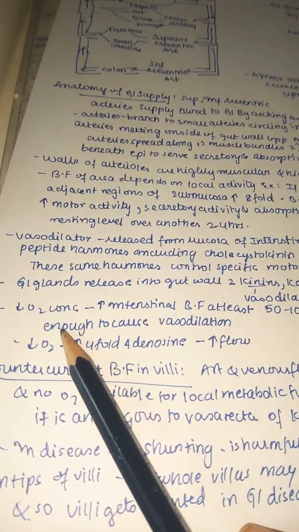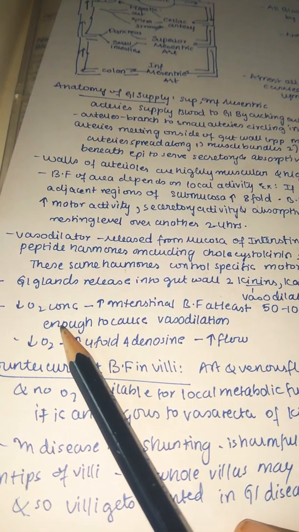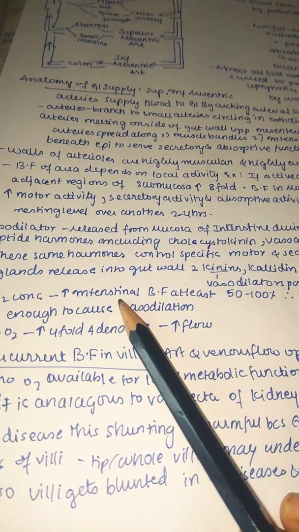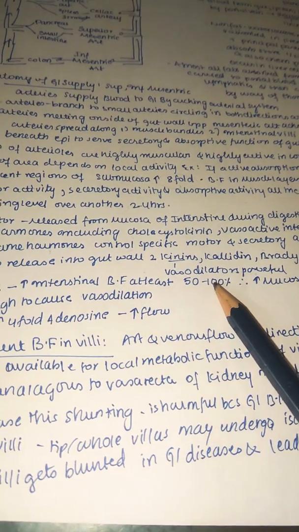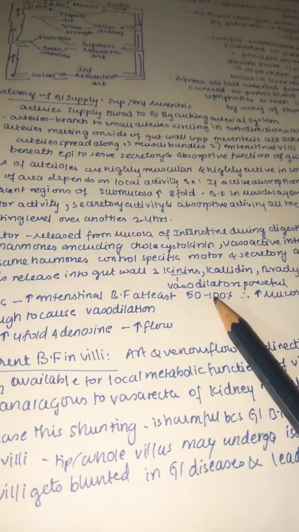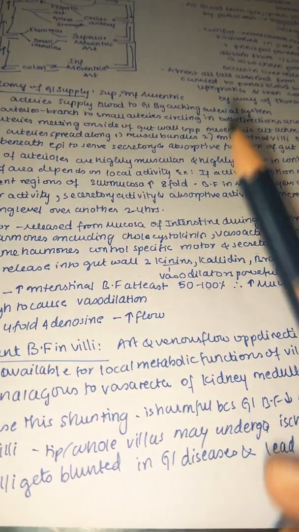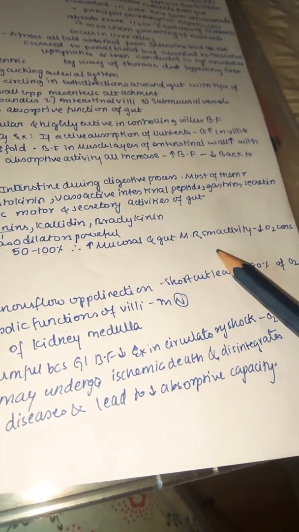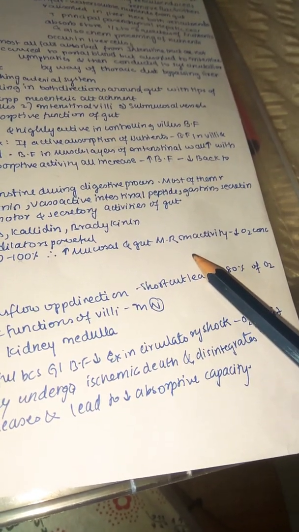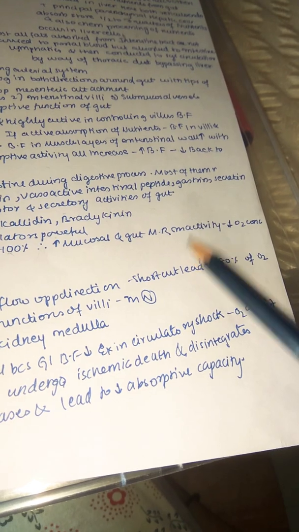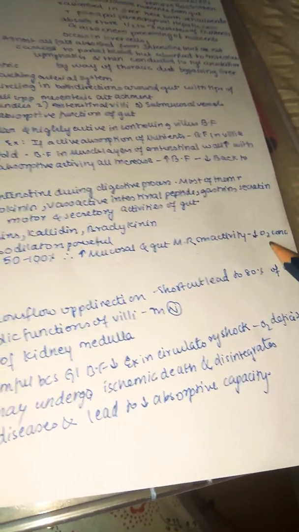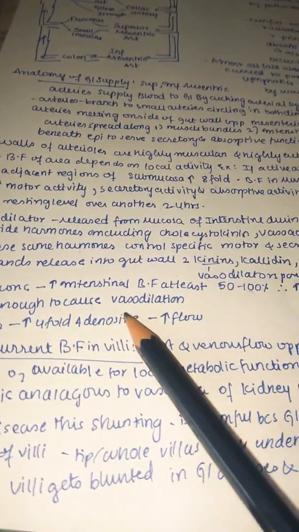Whenever there is a decrease in oxygen concentration, what happens to the GIT? Let us see. Whenever oxygen concentration is low, intestinal blood flow increases at least 50 to 100%. So when our oxygen is low, blood flow is increased. Why is it increased? Because of vasodilation, of course. When there is vasodilation, the blood vessel has widened, so there is more blood flow, which increases mucosal and gut metabolic activity, and decreased oxygen concentration is enough to cause the vasodilation.